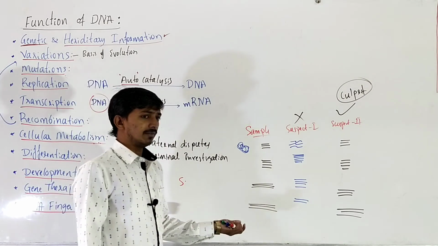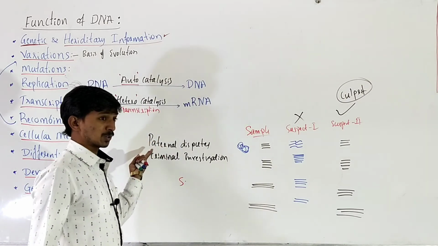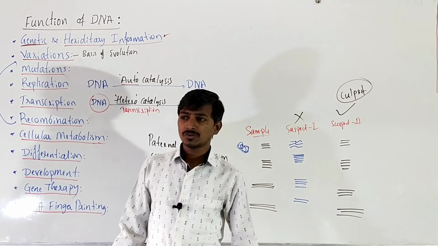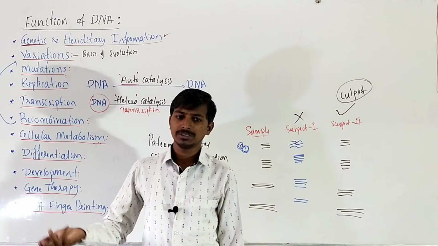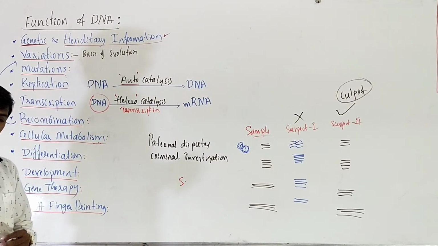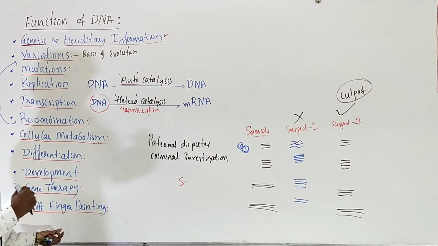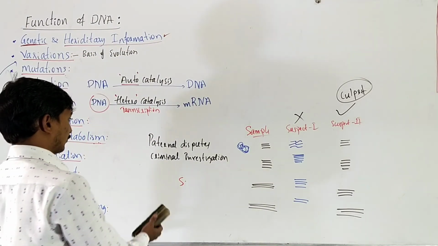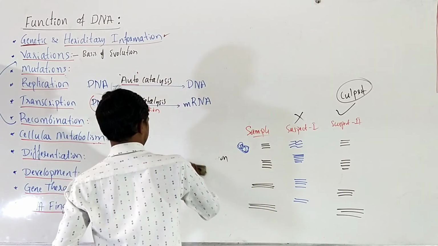Like that, they will find out paternal disputes, who is the father, who is the mother. If there is any orphan child without father or mother, you can identify the father and mother by using the DNA fingerprint. We will study this concept at the end of this chapter. The last video of this chapter will be on DNA fingerprinting only.